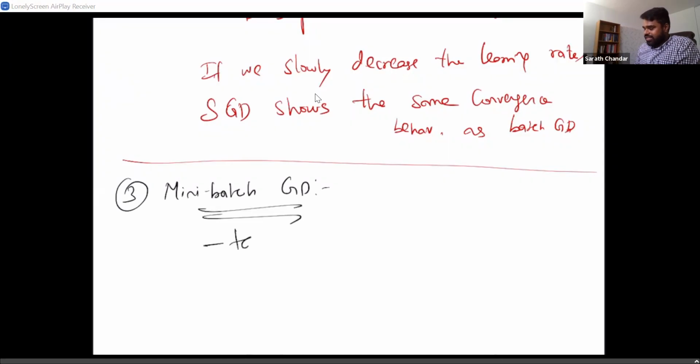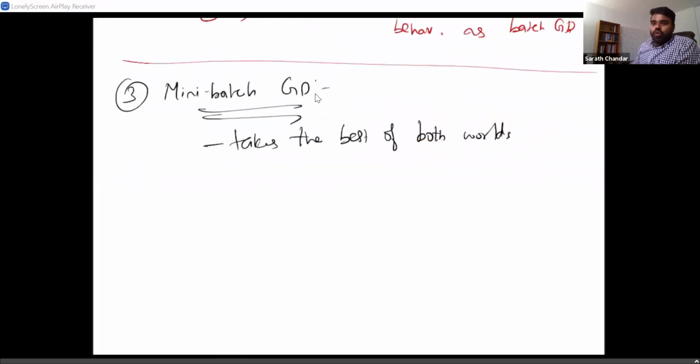This actually takes the best of both worlds. How? You want the noise so that you can skip the local minima, but at the same time you don't want it to be extremely noisy, extremely stochastic. You want some variance, but not a lot of variance.